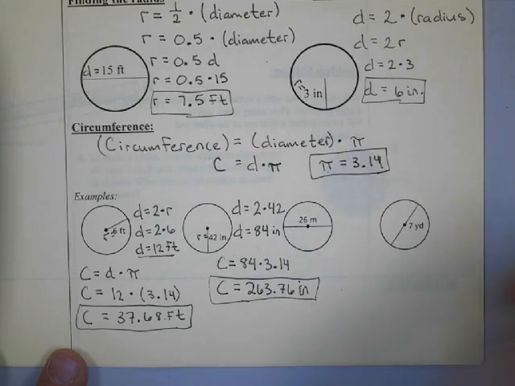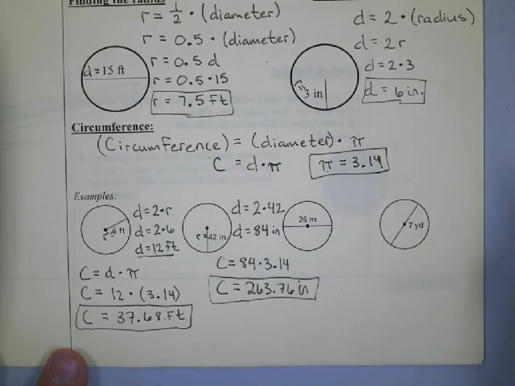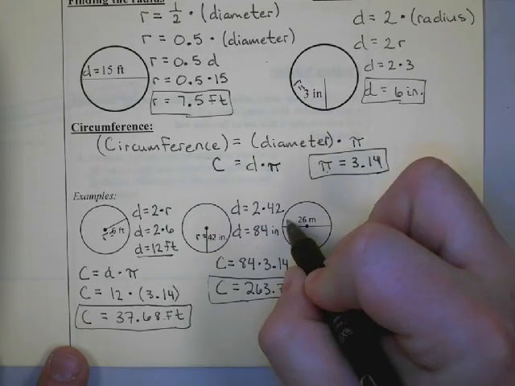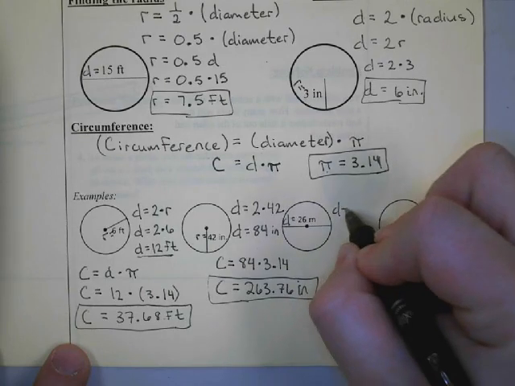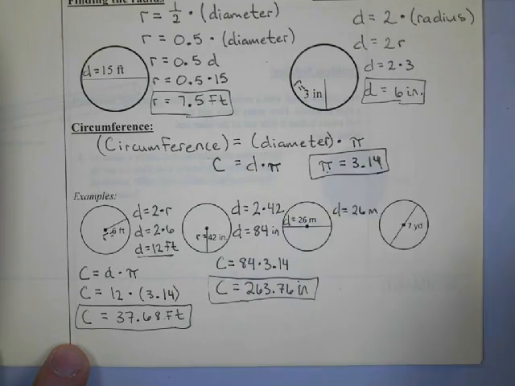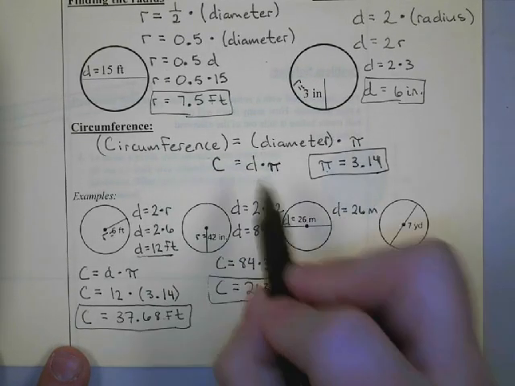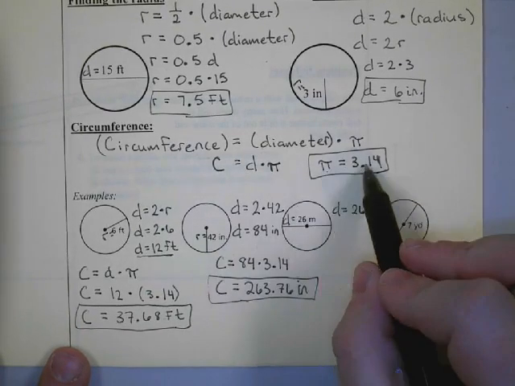On this next problem, we are given a diameter. So this one's even easier. I already know that my diameter equals 26 meters. I'm just going to plug in the diameter I have, and I know what my pi number will be.